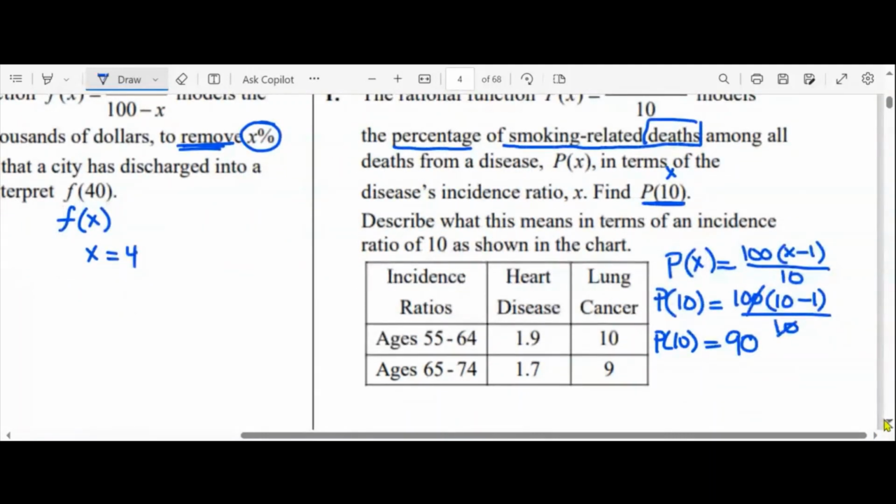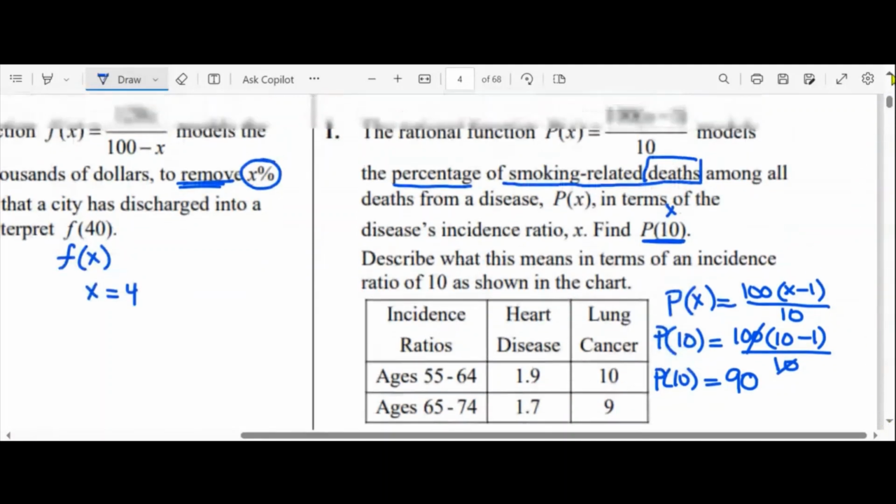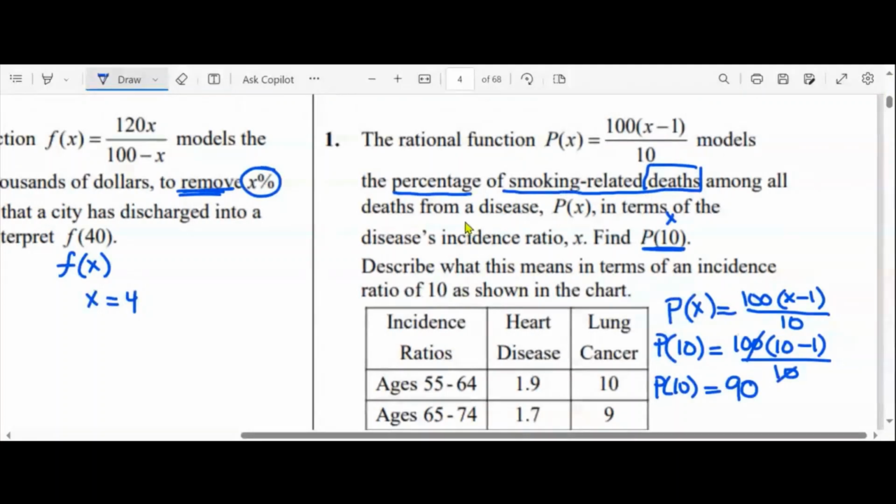Okay. So what does this mean here? We have D of 10 equal what? 90.